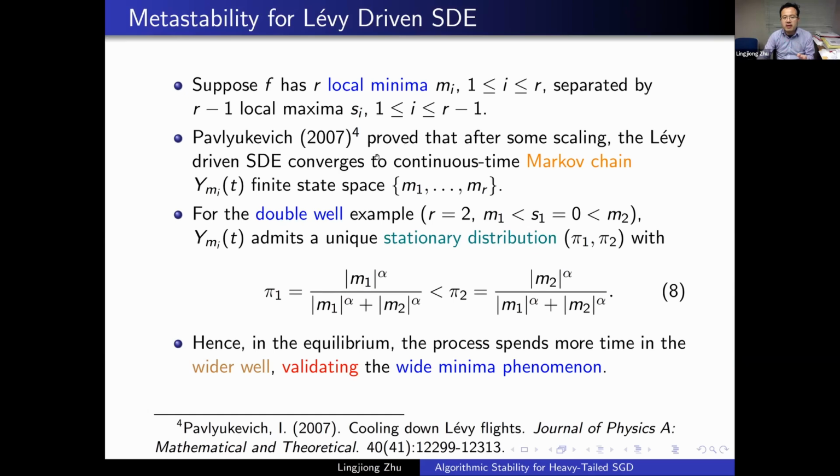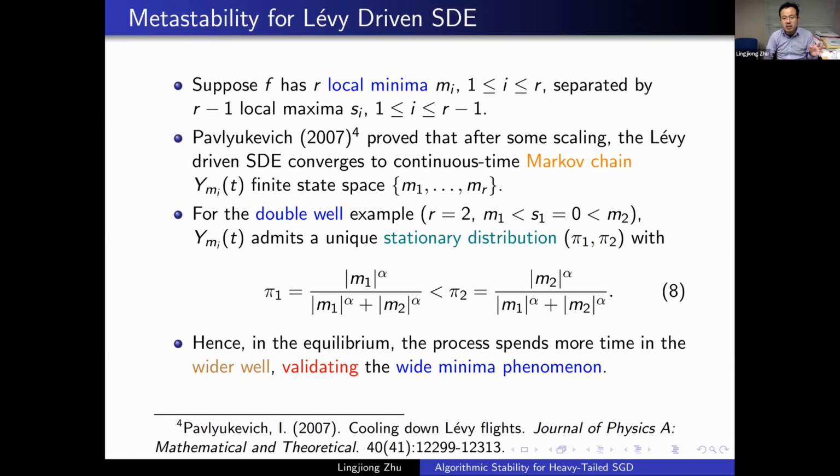In that 2007 paper, they proved that after certain scaling, this Levy-driven SDE will converge to a continuous-time Markov chain, and that Markov chain will just concentrate on those local minima.